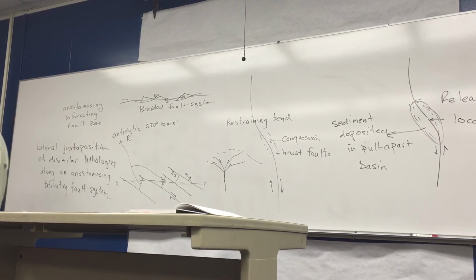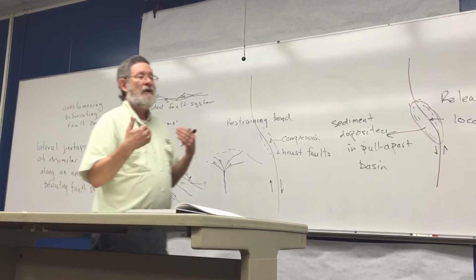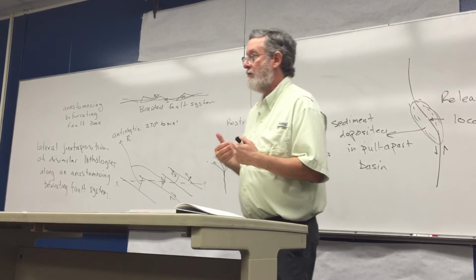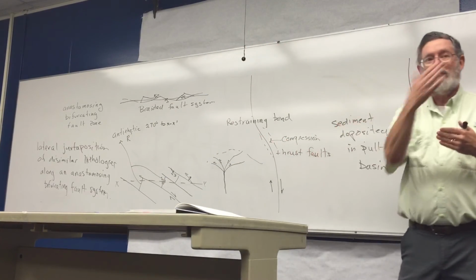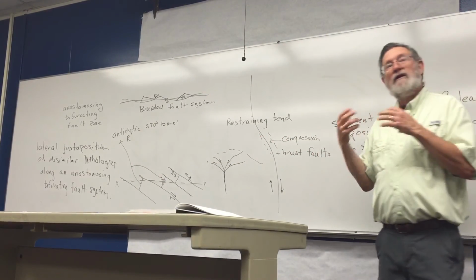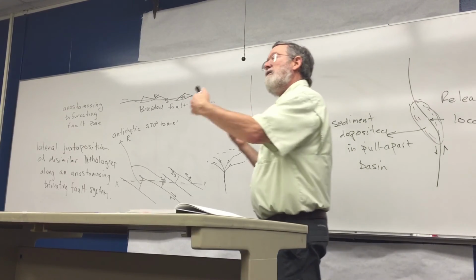The Alpine fault system in New Zealand is a classic strike-slip geometry fault. The Anatolian, particularly the northern Anatolian fault that cuts through Turkey, is a classic strike-slip fault system.